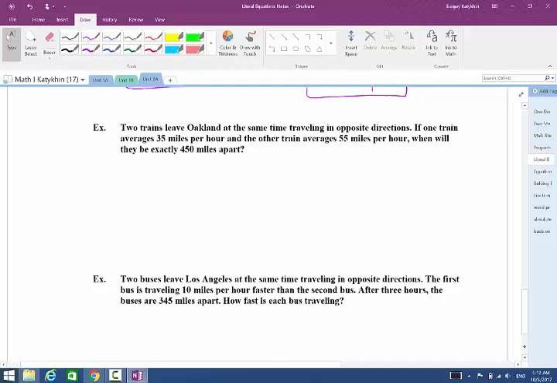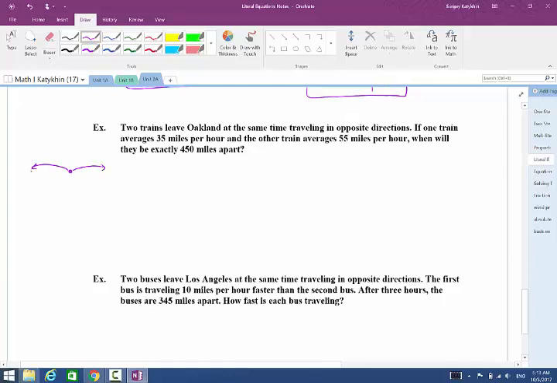So let's go ahead and look at this example. It says 2 trains leave Oakland at the same time, traveling in opposite directions. If one train averages 35 miles per hour and the other train averages 55 miles per hour, when will they be exactly 450 miles apart? So in this problem, you have a starting point where both trains leave. The first train takes this direction and the other one takes that direction.